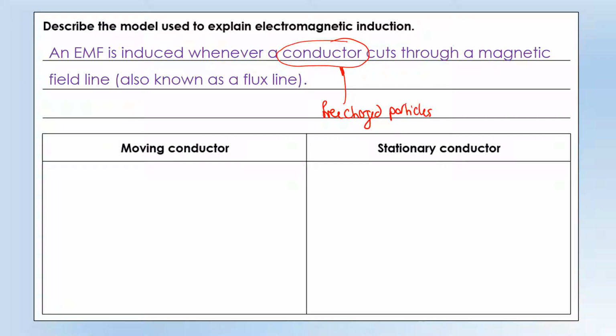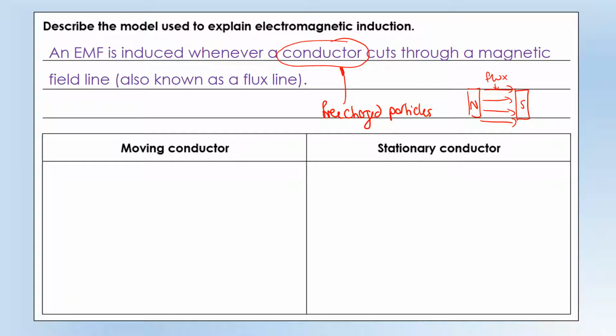What I mean by that is, if we have a north and a south here, these lines that we draw in between them going from north to south are what we call the flux lines. So anytime a conductor cuts through one of these lines, there is going to be an EMF induced in that conductor.